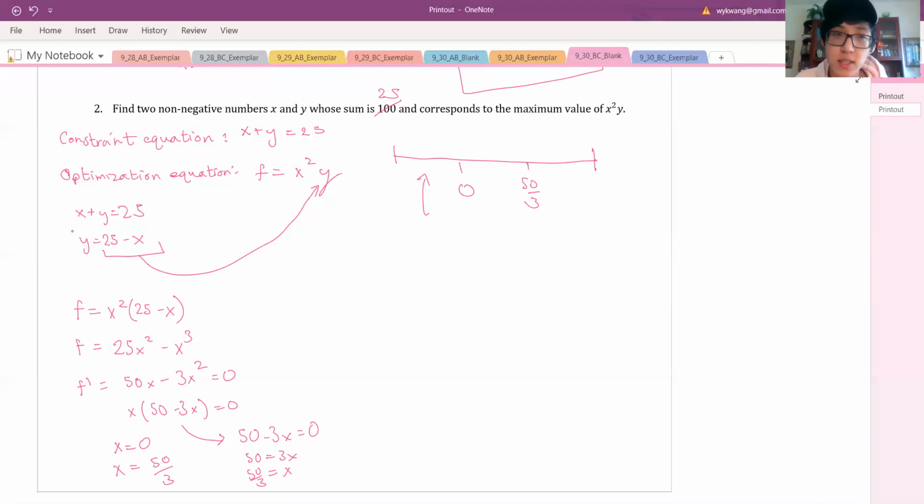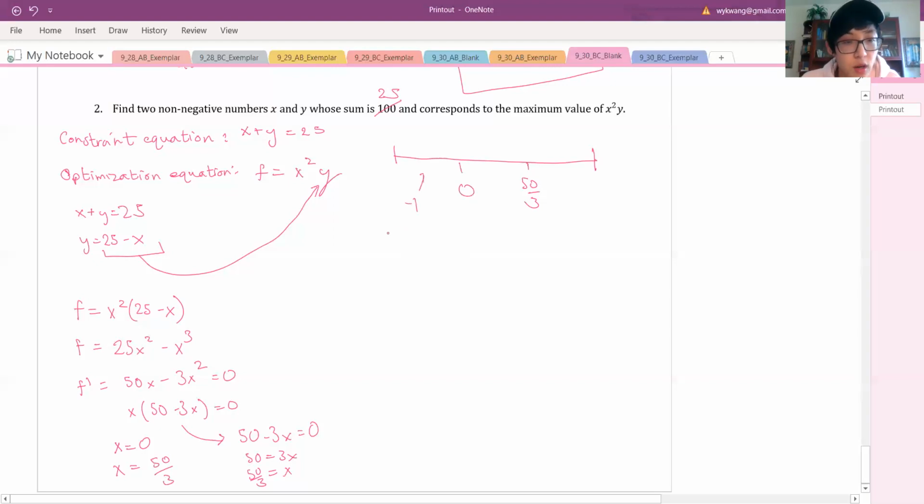No, I think it still makes sense. Because we're finding two non-negative numbers, x and y, it seems useless to plug anything negative in there. But we're trying to find 0, like if it's going up to a maximum, so it's still useful. We know x can't be one of these numbers, but it's useful to find out if it's going up to a maximum at these numbers. So let's plug in -1.